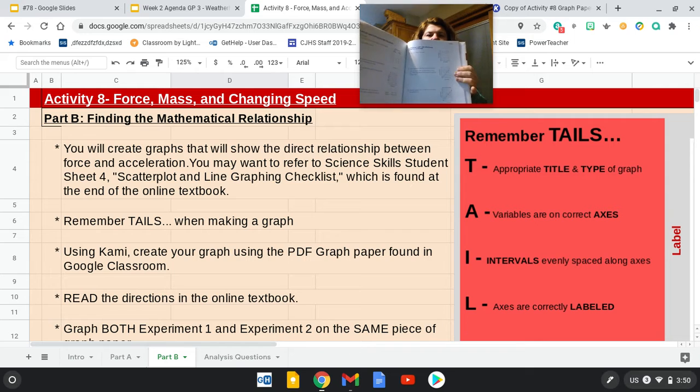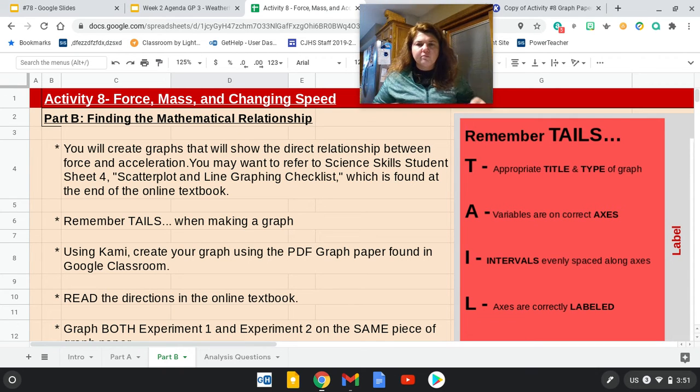You can also find this on the online textbook. It's at the end, so you can scroll down and find it. That paper will help walk you through how to make a graph.